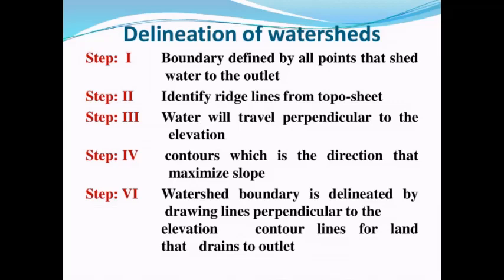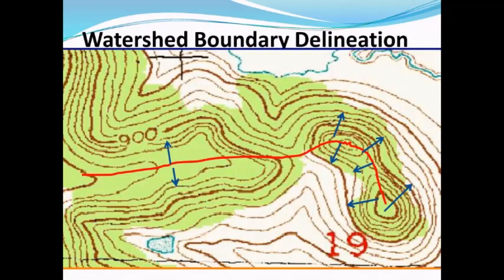drains to the outlet. This is the picture which shows how to delineate a watershed boundary using a printed topographical map. First of all, mark the high points adjacent to the stream or lake. And also mark the arrows which show the direction of flow.